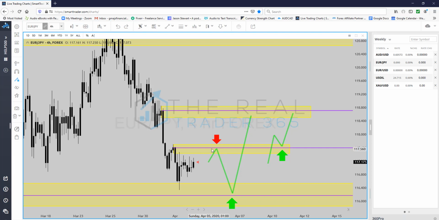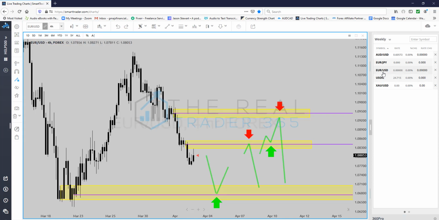So it's a kind of touchy area, but don't try to sell here or buy here. Wait for the market to come up to this area. If we come up to this area, your risk is going to be pretty small once you get an entry, and then you could go after something like this here. So even if you are wrong and we get stopped out, it's not going to be a crazy risk, guys.